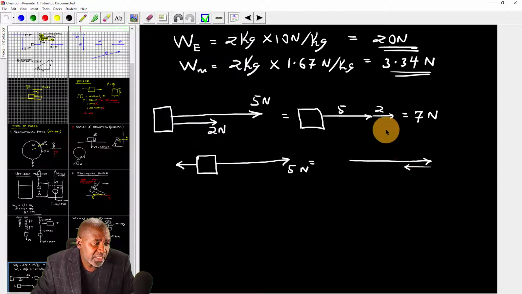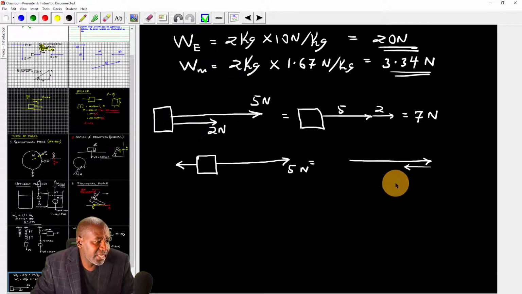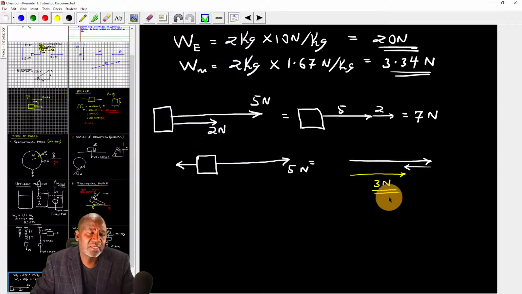Just like I connected them head to tail, here I'm also connecting them head to tail. And then finally, this is what I get. It's like I'm starting from here, moving all the way up to this point. I find that if this is 5 centimeters, this is 2 centimeters, then this is 3 centimeters, which is 3 newtons to the right. 3 newtons is the resultant force.